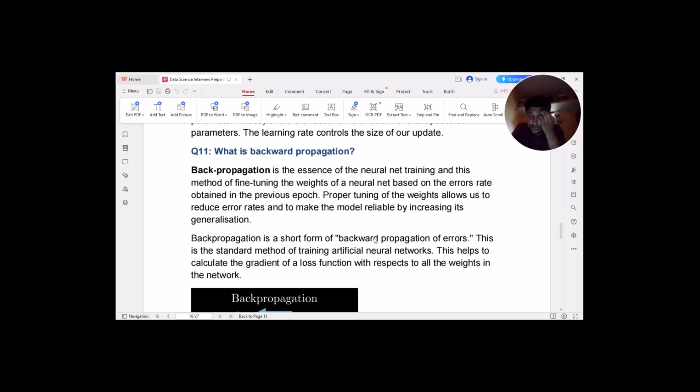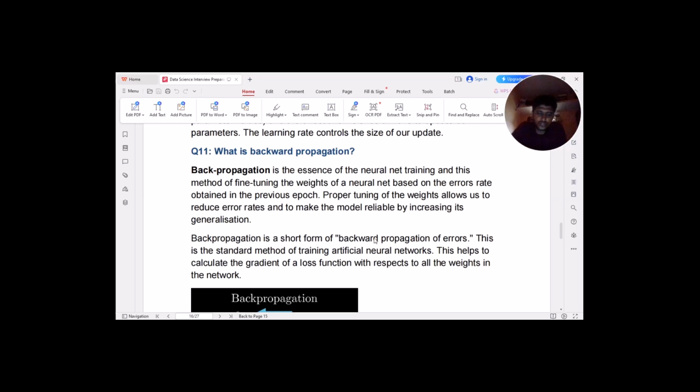Tuning the weights allows us to reduce the error rates and make the model more reliable by increasing its generalization. Backpropagation is short for backward propagation of errors. This is a standard method of training the ANN, artificial neural network. It helps to calculate the gradient of a loss function with respect to all weights in the network.